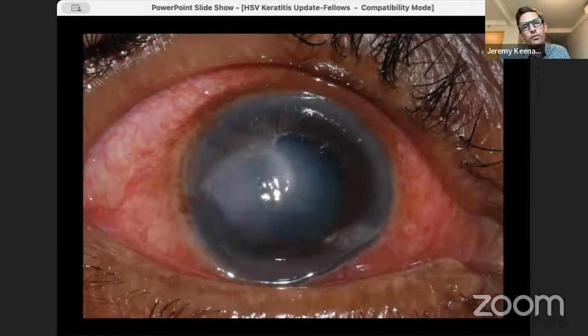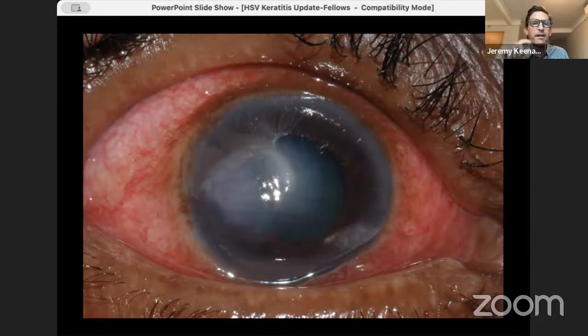So oftentimes with stromal keratitis, there is no epithelial defect, but you can get necrotizing stromal keratitis. And with necrotizing stromal keratitis, there is in fact an epithelial defect, and the infiltrate here, you can tell, does look a little denser. Normally we think of stromal keratitis as an immune reaction only, not really live virus.